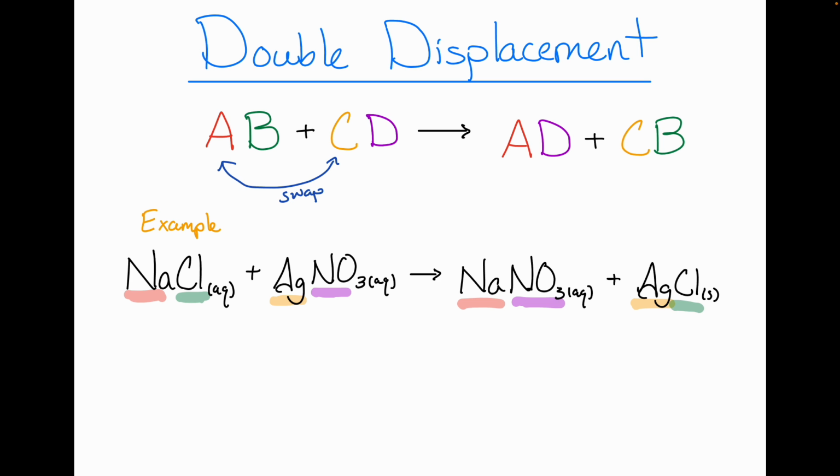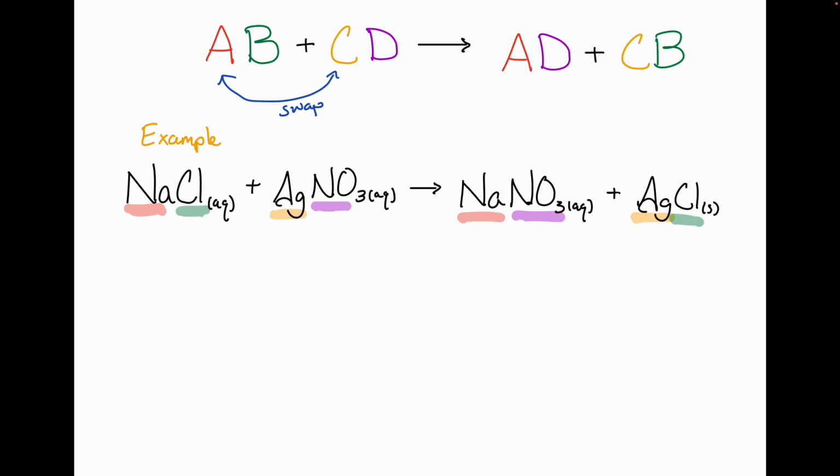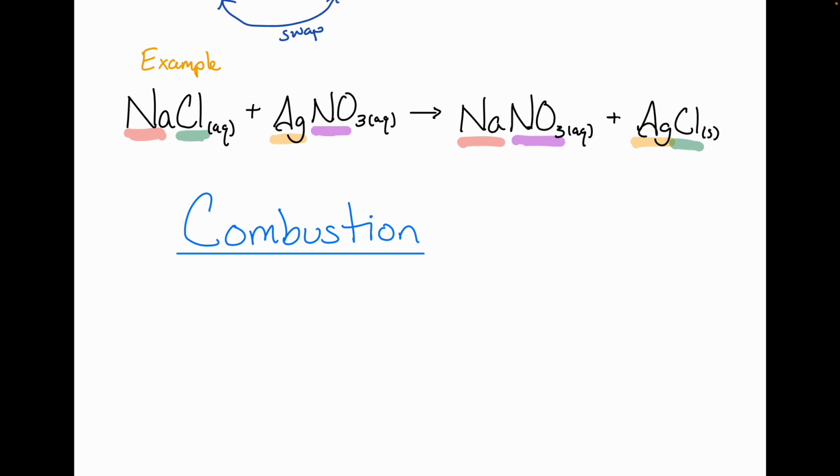Cool. All right, so our last category is what we call combustion reactions. A combustion reaction is where you react a hydrocarbon. All right, that's a scary word. Let's think about what I mean by hydrocarbon.